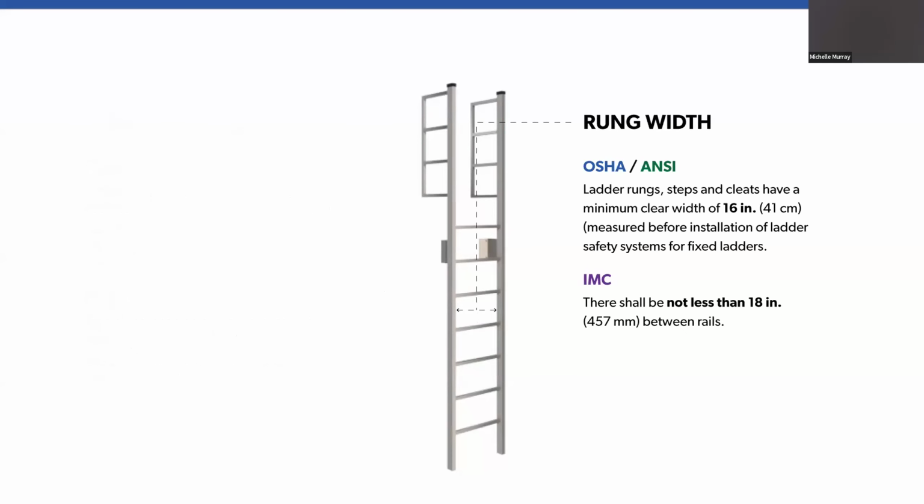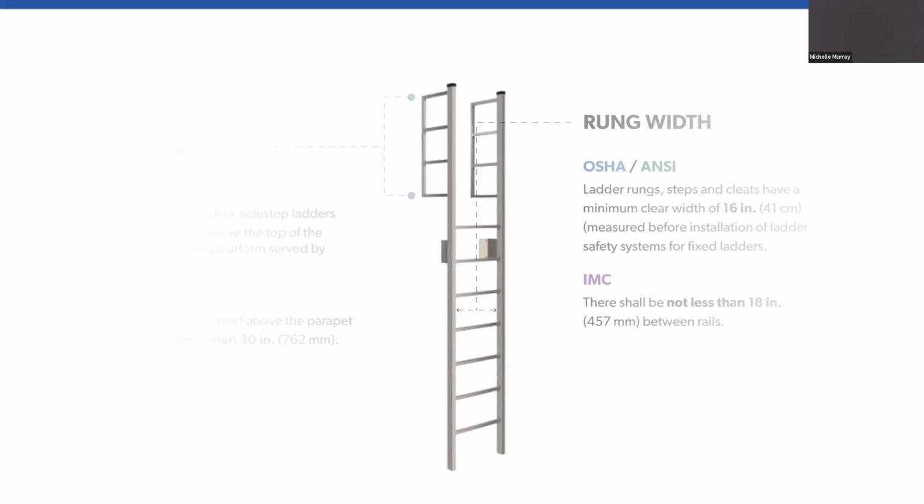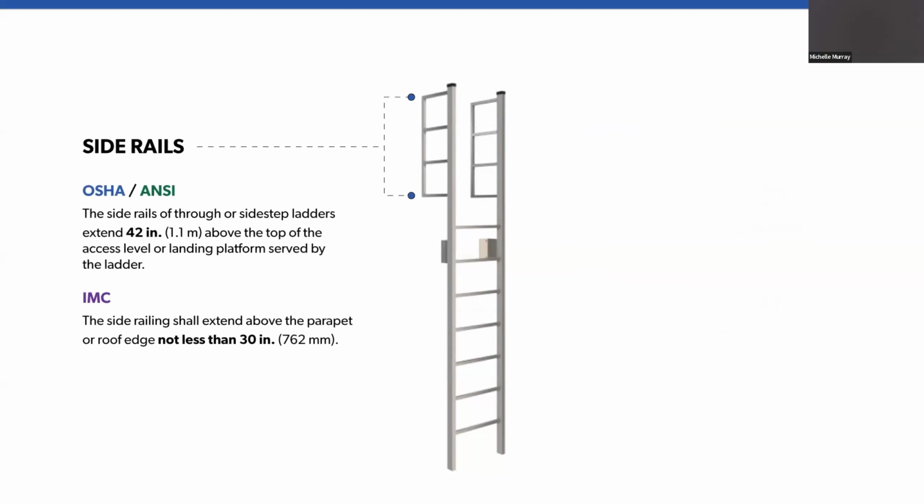For the rung width, OSHA and ANSI require 16 inches minimum, and for the IMC, it is 18 inches. On the side rails, OSHA and ANSI require the rails to extend 42 inches, and for IMC, not less than 30 inches.